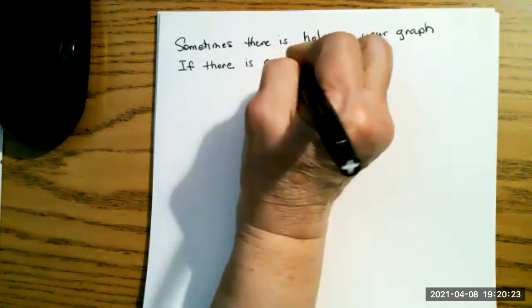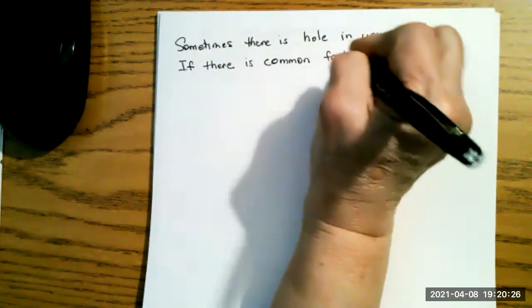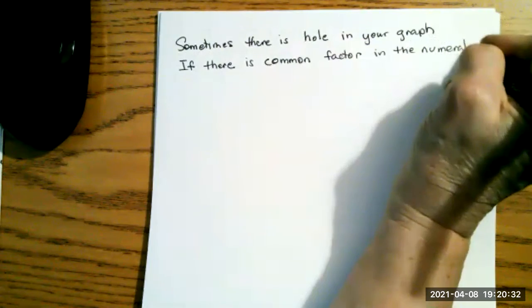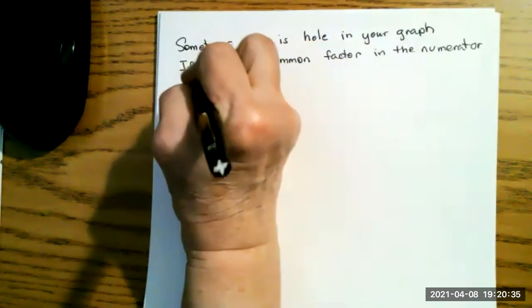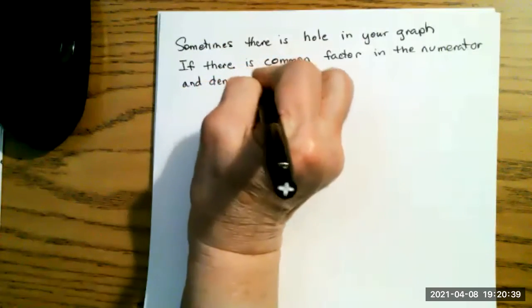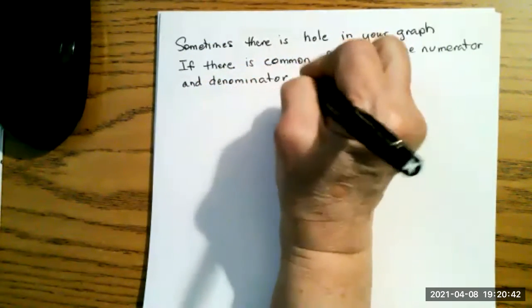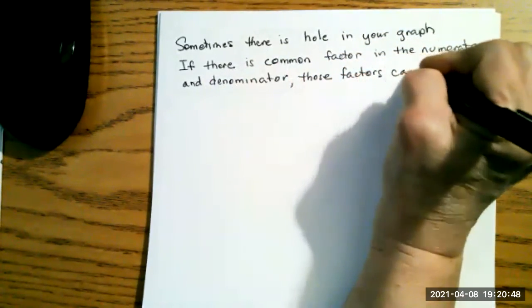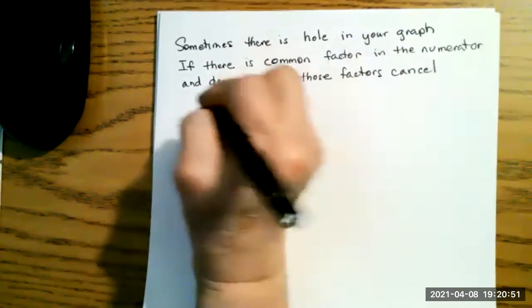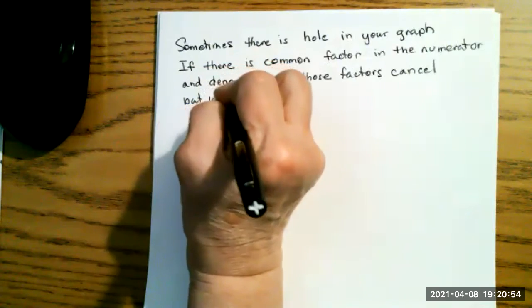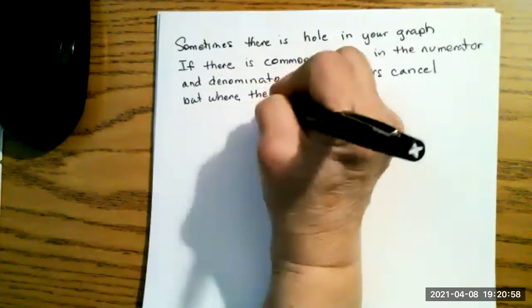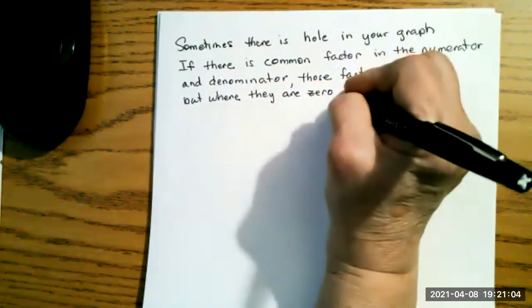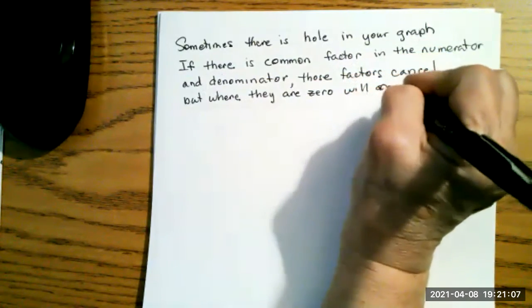If there is a common factor in the numerator and denominator, those factors cancel, but where they are 0 will make a hole.